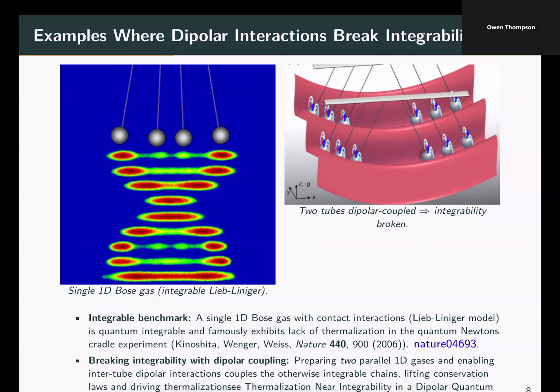But if you take 2 of these tubes of atoms and put them next to each other, and you allow them to interact with dipolar interactions, you'll find that they no longer have these persistent coherent oscillations. So you can break integrability by turning these interactions on. I'm mentioning these because both of these types of interactions emerge naturally for us.